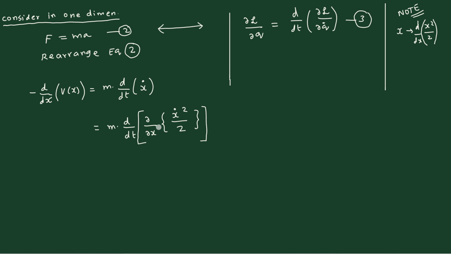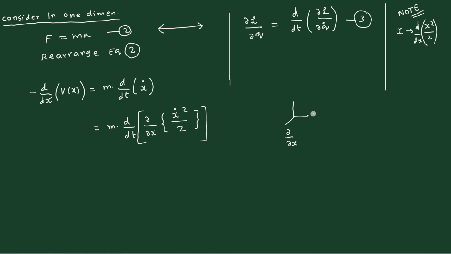The answer is, of course, you must be able to get it. Now see here, we are considering this in one dimension. So automatically when you are moving to 3 dimensions, this should be a partial derivative, isn't it? For one dimension, there is only one derivative, so all derivatives are total. That's why it is d by dx. If you are going to have 3 dimensions, each direction will have its own derivative.